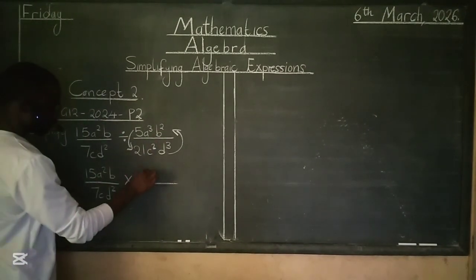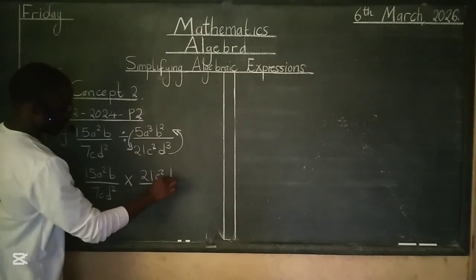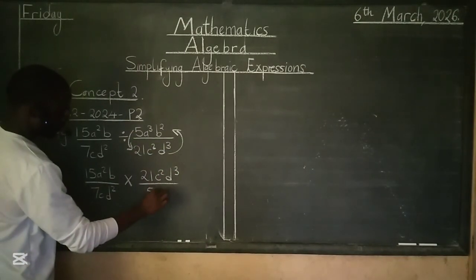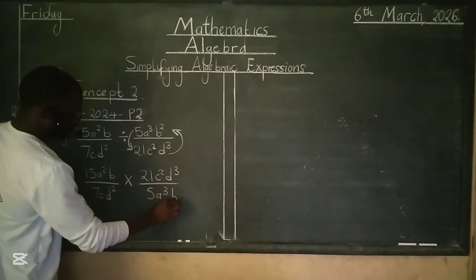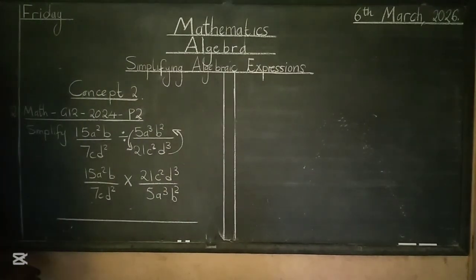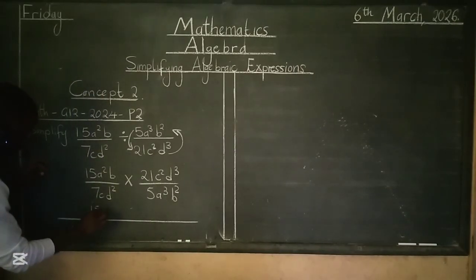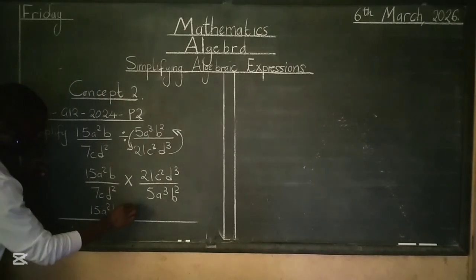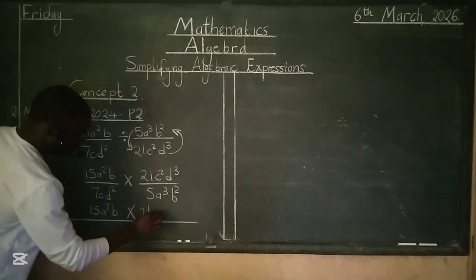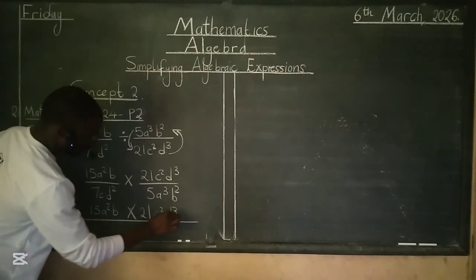So this will be 21c squared d to the power 3 over 5a 3b squared. Then bringing all this down here, this will be 15a squared b times 21c squared d3.